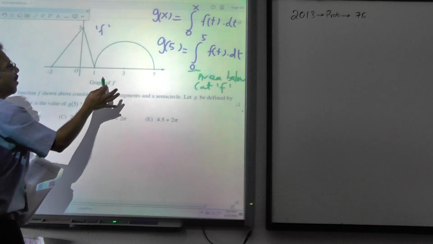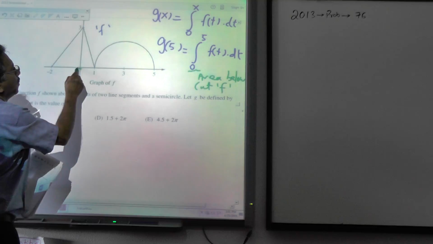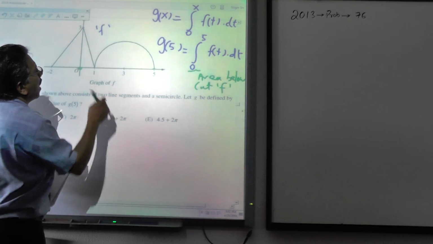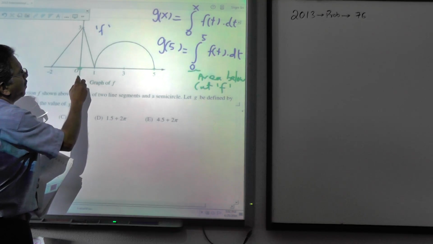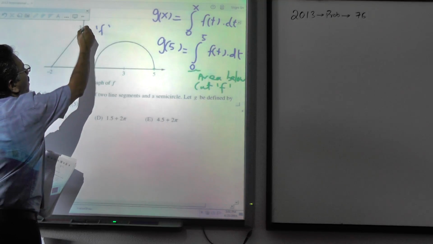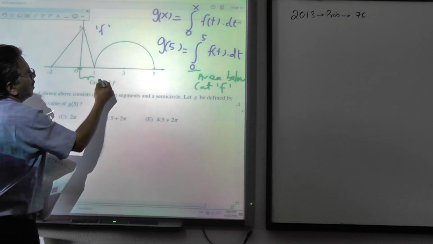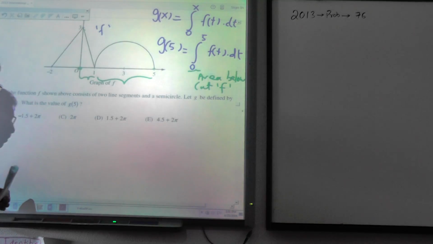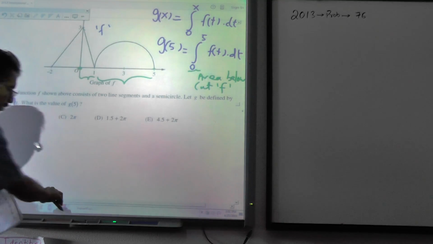This is the graph, and it is from 0 to 5. So I have two parts here. First I will find the area below the curve from 0 to 1, and then from 1 to 5. Okay, so let's do it quickly.